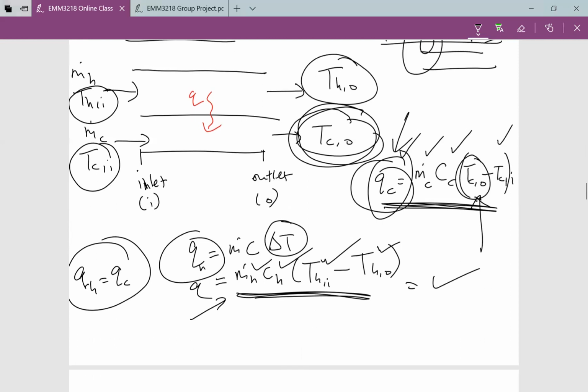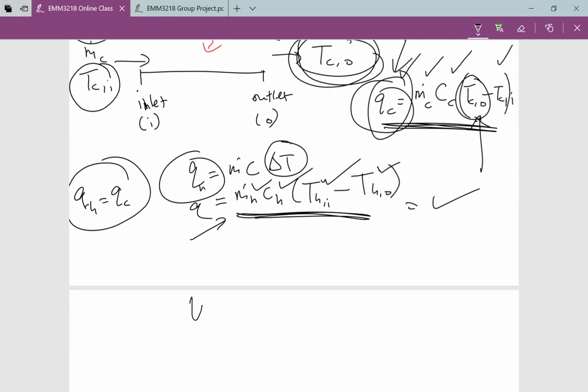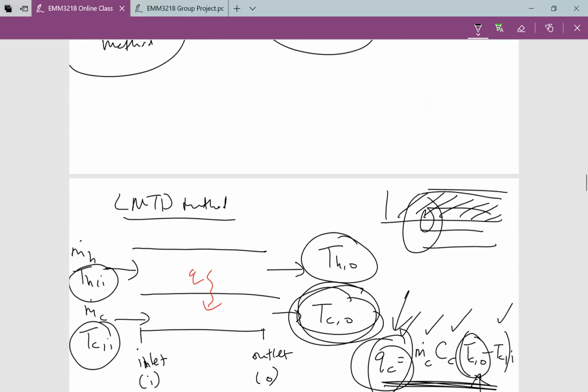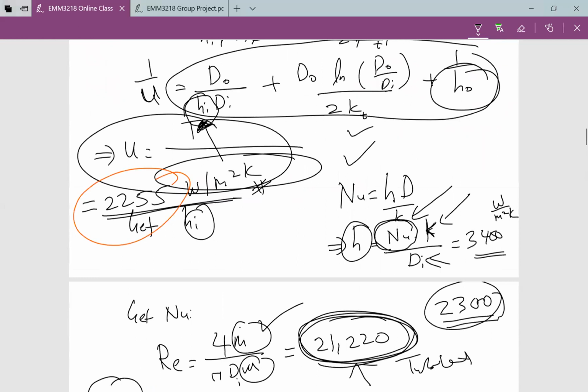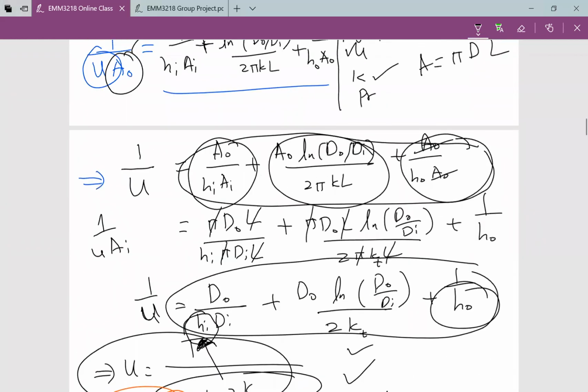Right. So now that you know Q, U for the overall heat transfer coefficient, then we can also write Q in terms of overall heat transfer as UA times delta T, right? This U is similar to the U that you saw earlier.